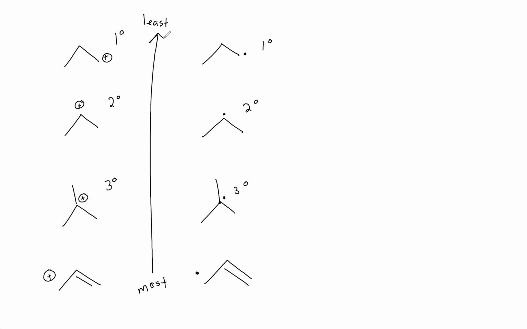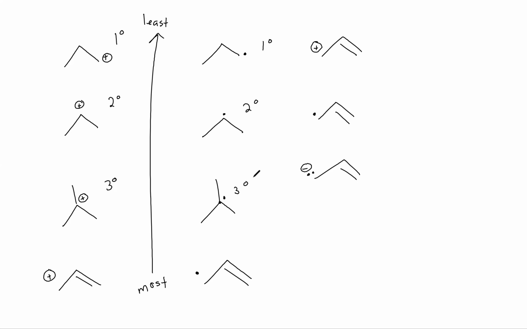Let me quickly show you why allylic carbocations and allylic radicals are so stable. Allylic anions, carbon anions, would also be very stable, and I will also show you why here. So we have a carbocation, a carbon radical, and a carbon anion. Because of that double bond present, we can create a new resonance structure.